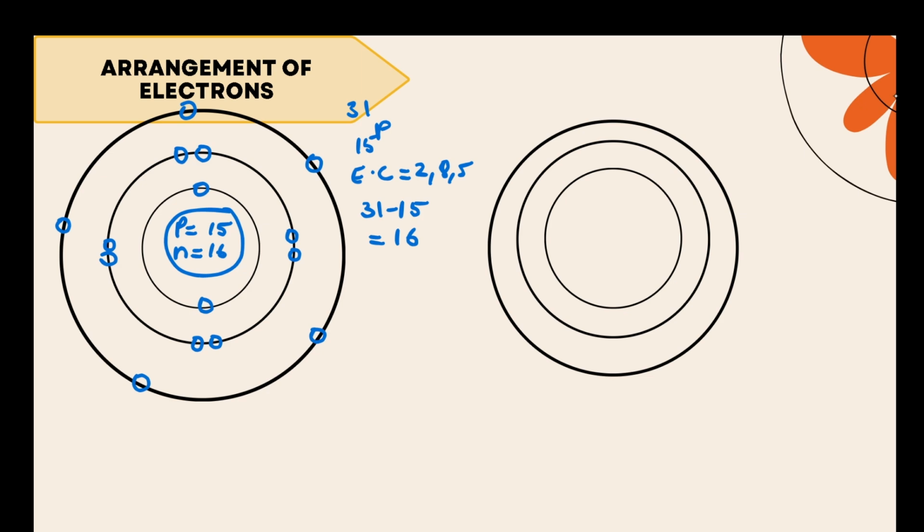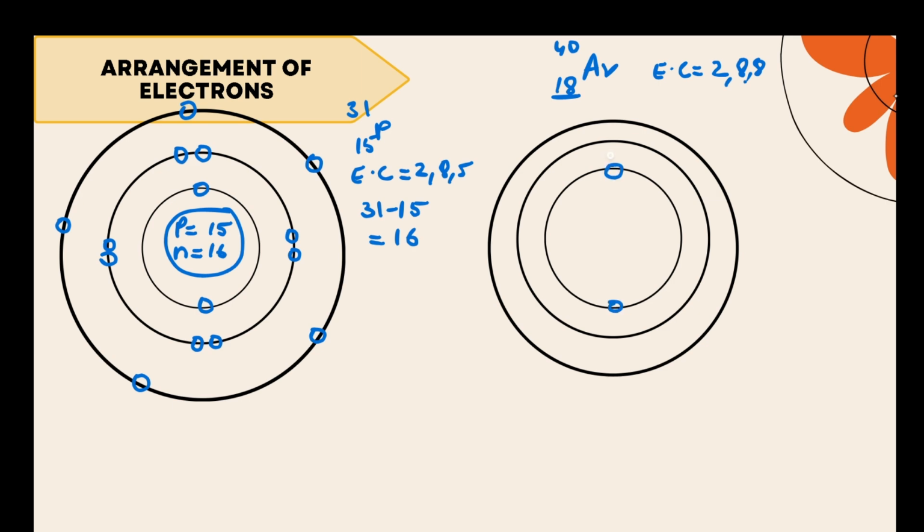The next element we will see is argon. Argon has atomic number 18 and mass number 40. Its electronic configuration on the basis of atomic number will be 2, 8, 8.